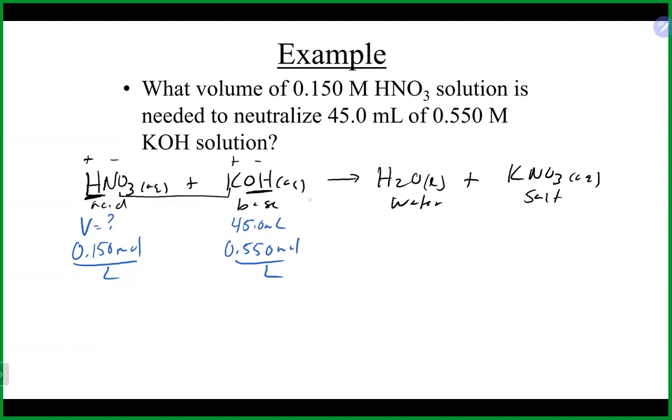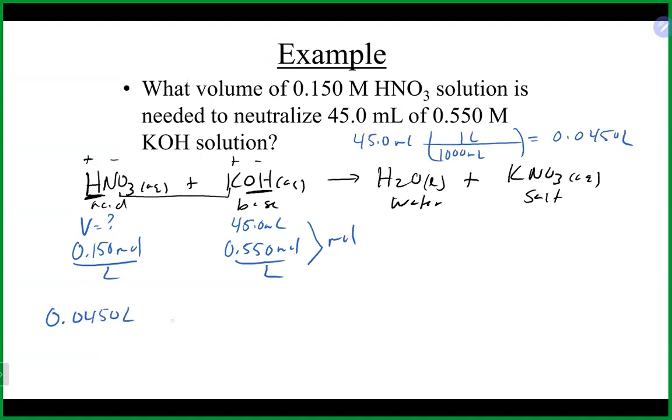But we can definitely get to moles for these guys, and that's really where we want to start in this case. So we will, again, have to convert our milliliters into liters, so we have the correct units. So again, we're going to divide by 1,000, 0.045 liters. So we'll start with that, 0.045 liters. This is, again, basically converting to moles.